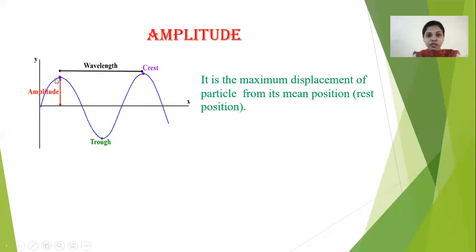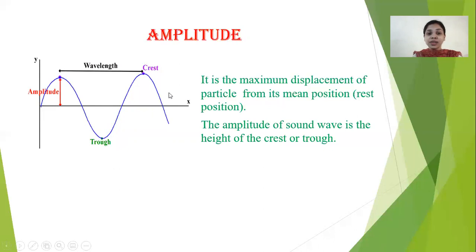The maximum displacement traveled by the wave from this mean position is its amplitude, either the distance traveled from the mean position to the crest or to the trough. We can simply say that the amplitude of the sound wave is the height of the crest or trough from the mean position or rest position.